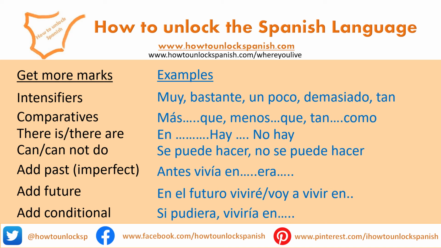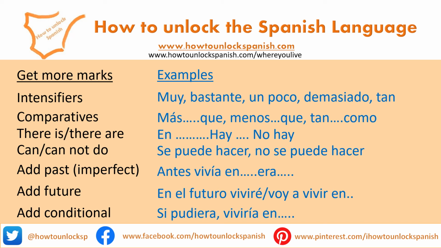So you can use also negatives to say no hay o no se puede hacer. And if you want to say no se puede hacer this nor that, you will have to use no se puede ir al cine ni a un restaurante.